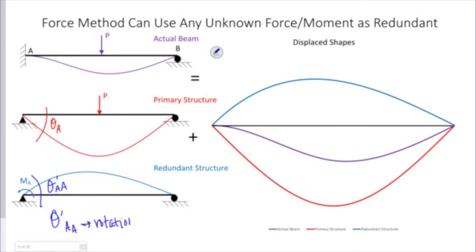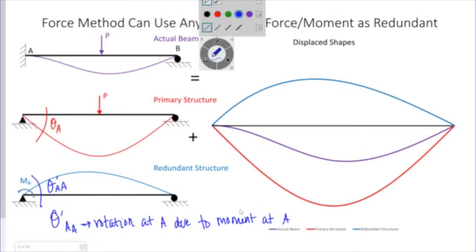Rotation at A due to the moment at A. The unknown moment, right? Now, I actually drew the displaced shape because I thought that was easier to understand than the slopes. But what you notice here, that's where my compatibility is.